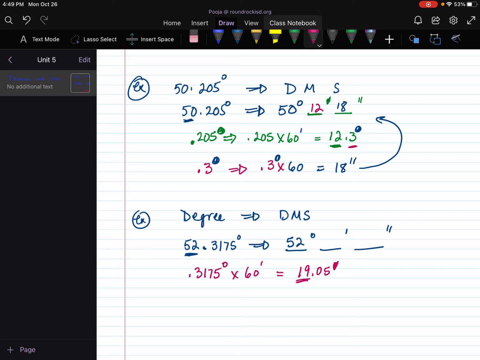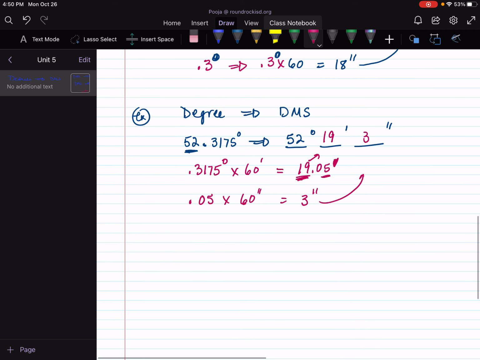Okay, so 19 whole minutes, and that's where I get the 19 minutes part. And I still have some left over, which is 0.05. If I multiply that further by 60 seconds, then I get the leftover seconds of 0.05 times 60, which is just 3. And hence that is the seconds part that will go here.